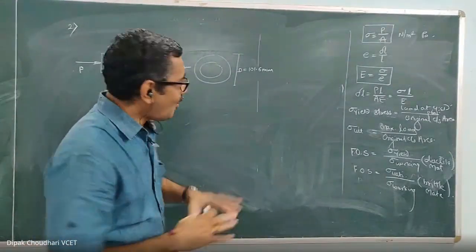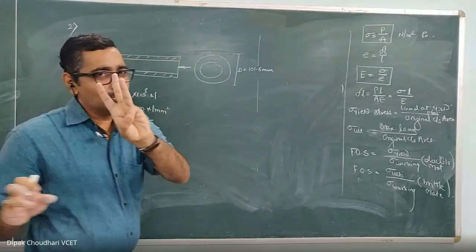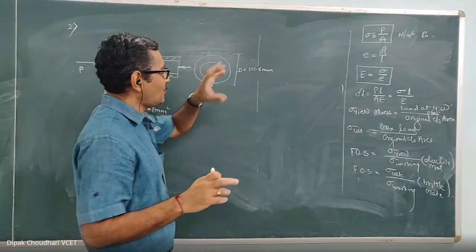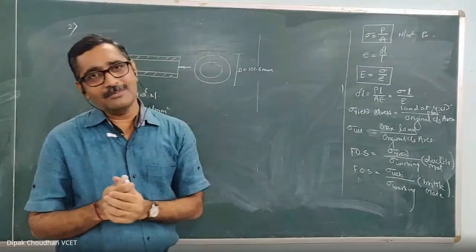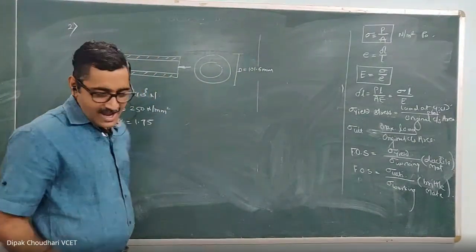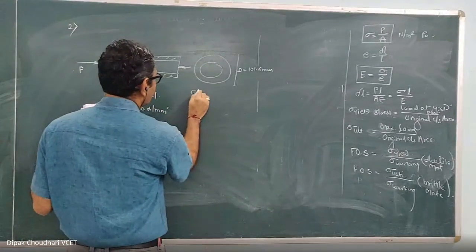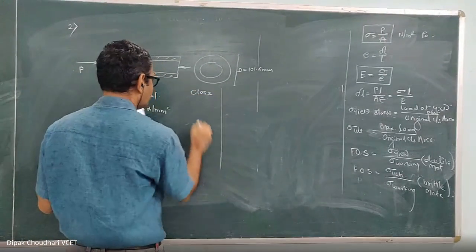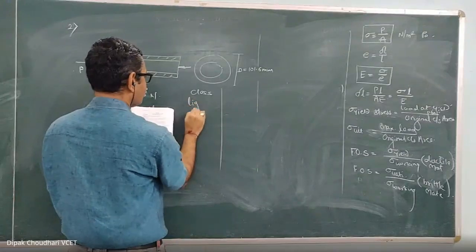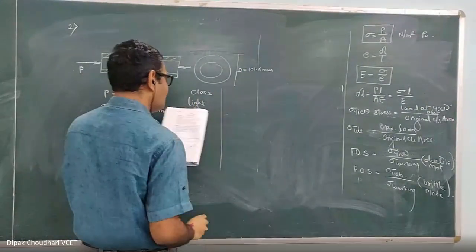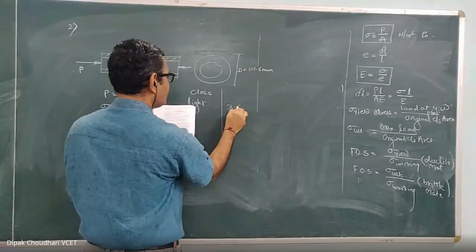For all the 3 tubes available in the market, the external diameter is the same, 101.6 millimeter. Which 3 classes are available? The light class, whose external diameter is 101.6 but the thickness is 3.65.